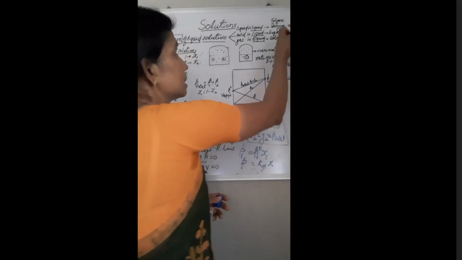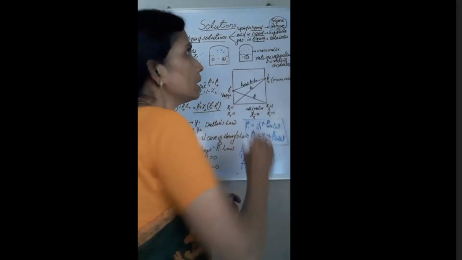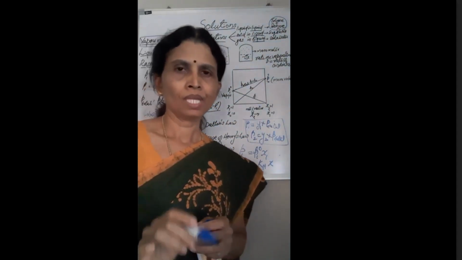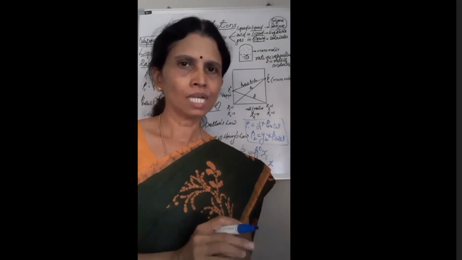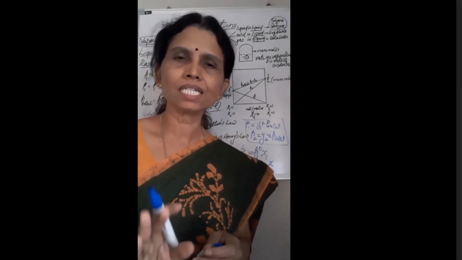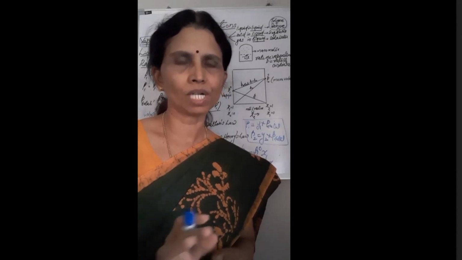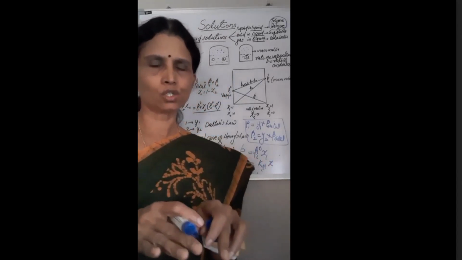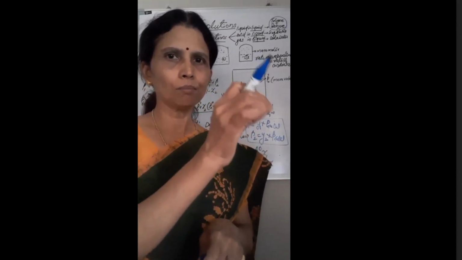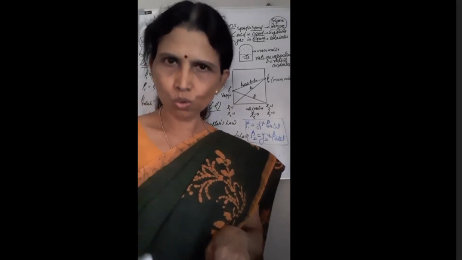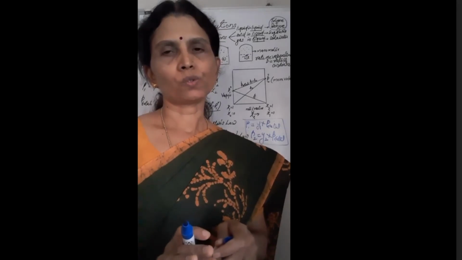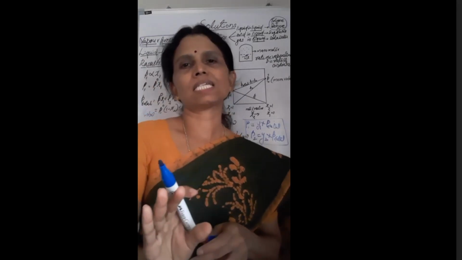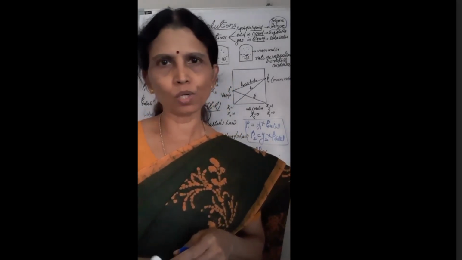And considering this example of a toluene benzene mixture, in toluene the intermolecular force present is van der Waals force, and in benzene again the intermolecular force present is van der Waals force. When we mix these two, the force between a benzene molecule and a toluene molecule is again van der Waals force. So there is no change in the nature of the intermolecular forces.